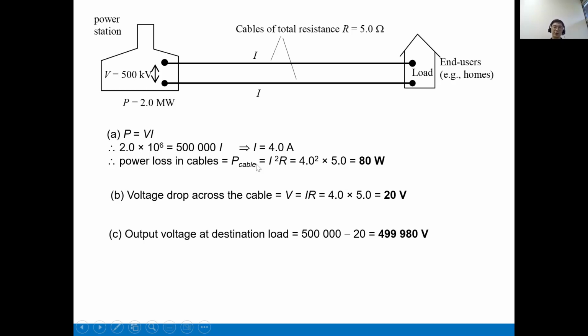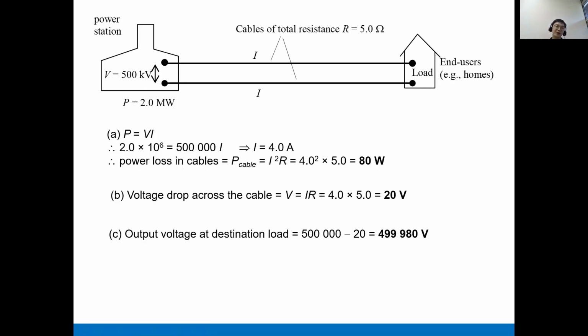In the past, many students who used V squared over R used the V across the power station rather than the V drop across the cables. If you want to use V squared over R, you should use this V: 20 squared divided by 5 gives you back 80 watts, which is the power loss in the cables.